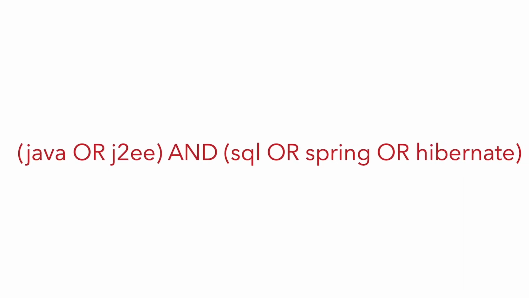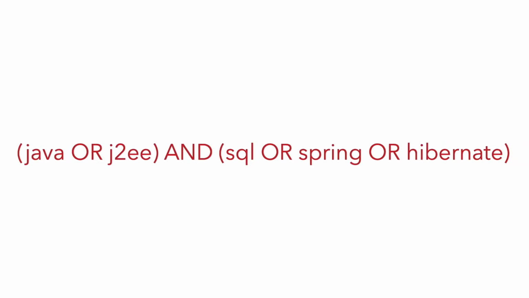Close out with the right parentheses. What this is telling the system is that we need someone who has either Java or J2EE somewhere in their profile or resume. And then we are saying, additionally, you need to have one of our other skills. In this case, that's SQL, Spring, or Hibernate. You can have 1, 2, or even all 3 of those skills, but you have to have at least one.